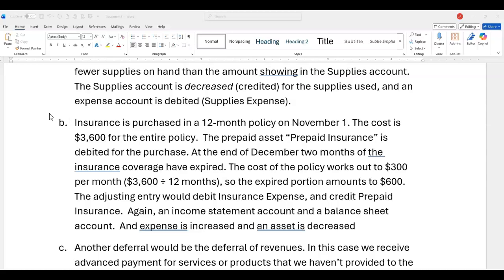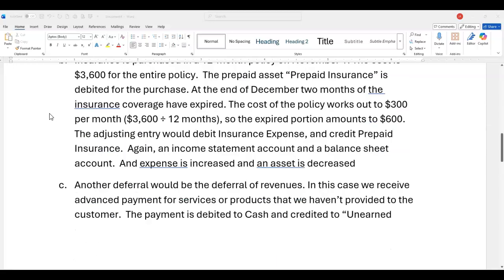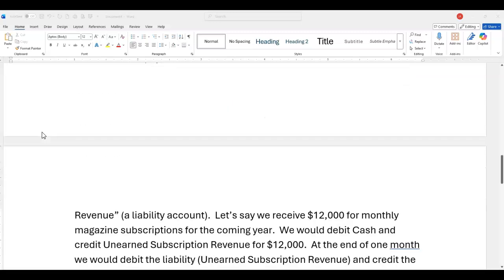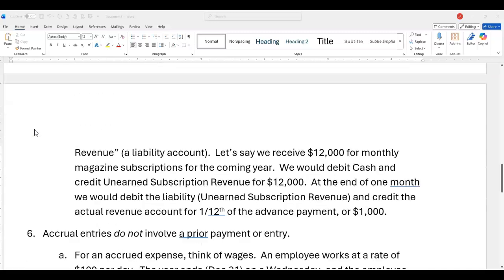Another type of deferral is a deferral of revenues. For example, we might receive advance payment for services or products we haven't provided. The advance payment is debited to cash. We receive the cash, and it's credited to a liability account, usually unearned revenue of some kind. So let's say we receive $12,000 for the next year's worth of magazine subscriptions. We would debit cash and credit unearned subscription revenue for $12,000.